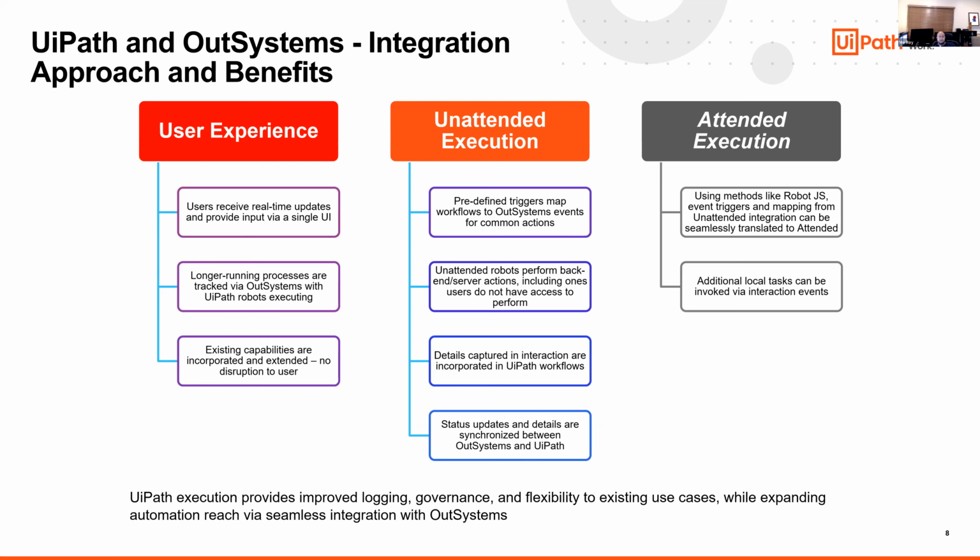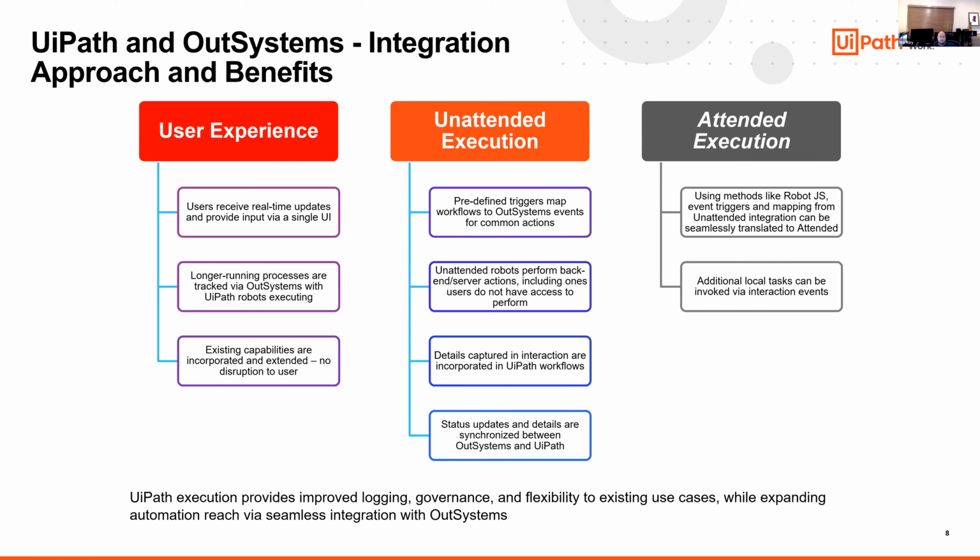And I think there's a fantastic opportunity to incorporate longer running processes via OutSystems, using that persistent UI application and having robots execute in the background. Your unattended execution can be predefined to lots of different triggers and conditions within OutSystems. Walt's going to walk through a little bit of that today.